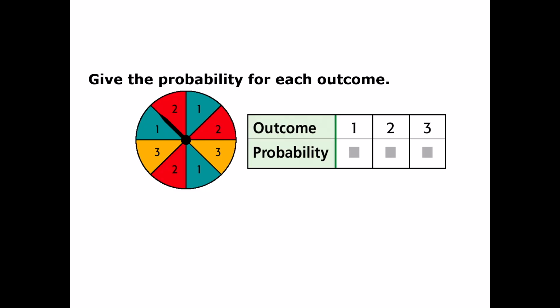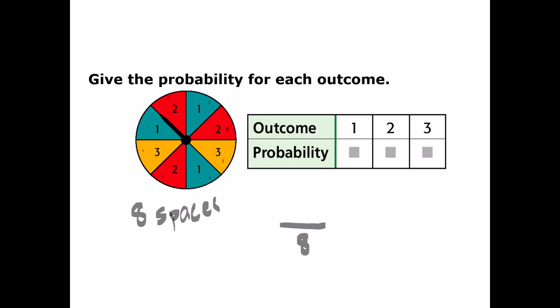Okay, now looking back at our spinner, we want to look at how many different possibilities there are. We can see that our spinner has 1, 2, 3, 4, 5, 6, 7, 8 spaces. So our total number of outcomes is 8.